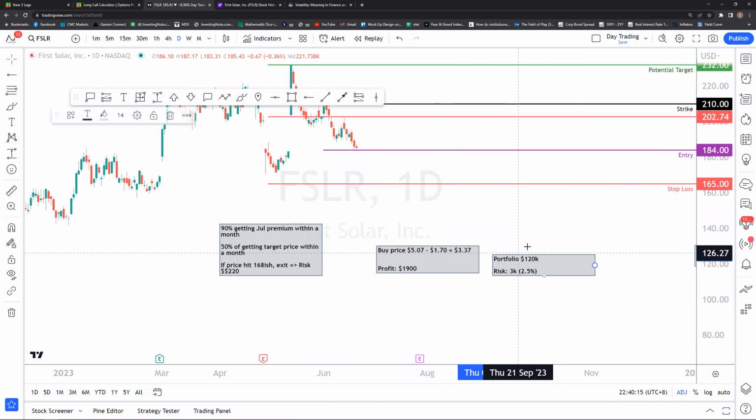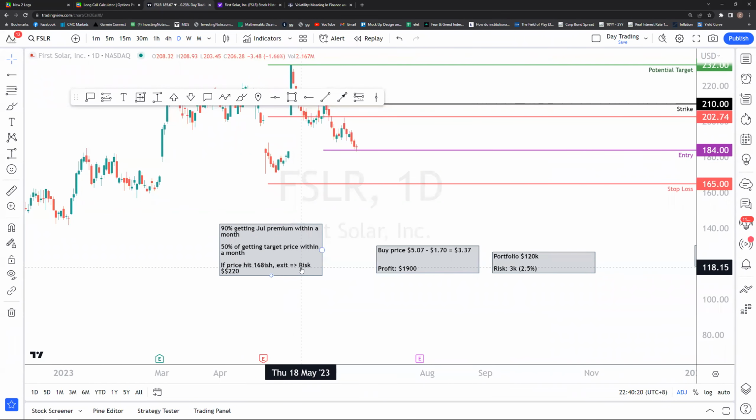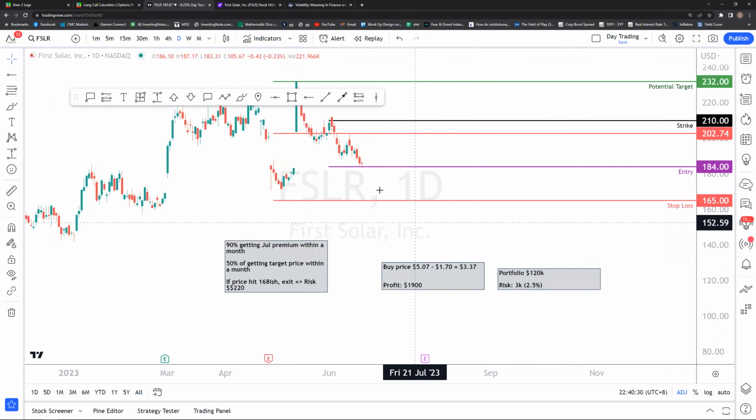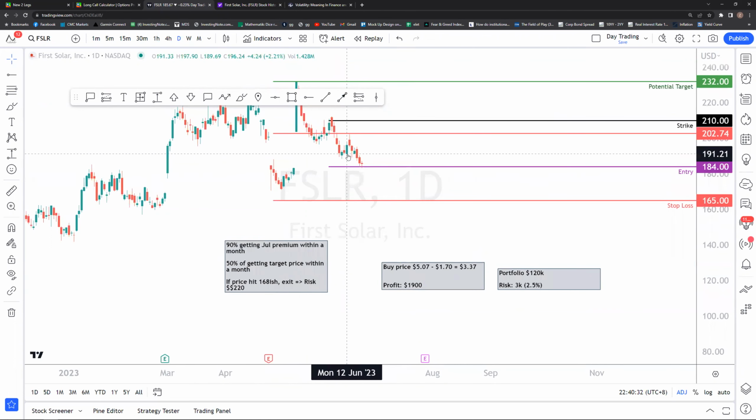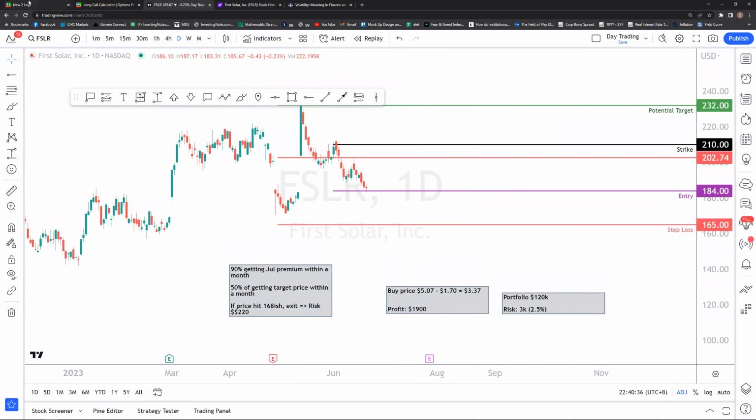I can actually risk just $1,000. Okay, so let's try to upsize the lot sizing. What happens if we increase our contracts to get the $1,000 risk? Okay, so I will enter a partial position here, maybe with an initial $1,000 risk.